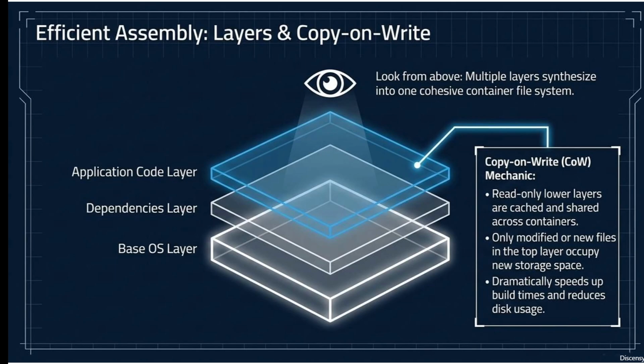The dependencies and the base OS layer are not changed here. So when these updates are made, the build time is very less and it also reduces the disk usage. So it's like a cohesive container file system.